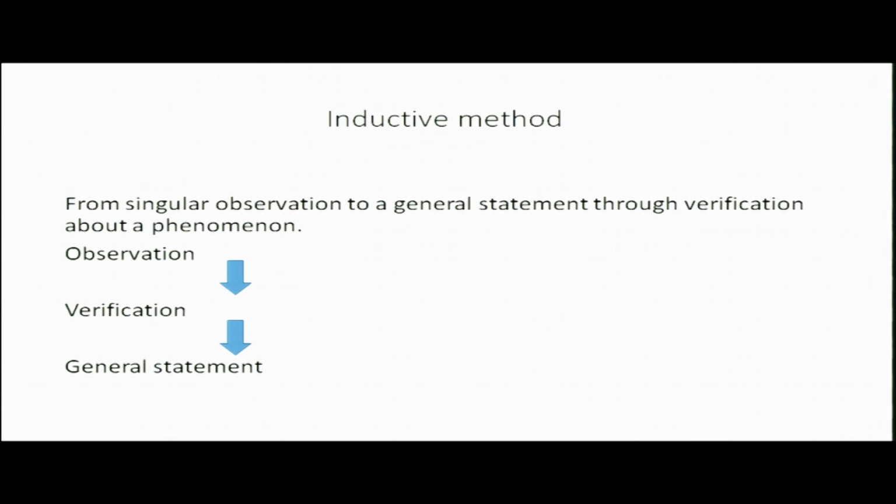Now, what is the empiricist method? It is also called an inductive method, in the sense that we move from singular observations to make a general statement about a phenomenon through verification. First observe, verify the observations, make repeated observations and arrive at a general statement.